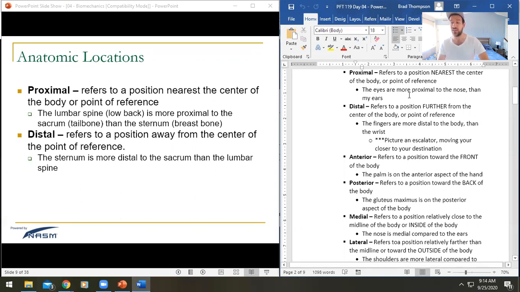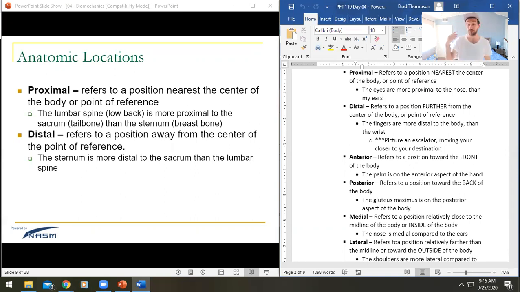And so your eyes are more proximal compared to your, oh, I'm sorry, there's more to the sentence. Your eyes are more proximal to your nose than your ears are, right? So your eyes are closer to your nose. So I gave a second point of reference there, than my ears.